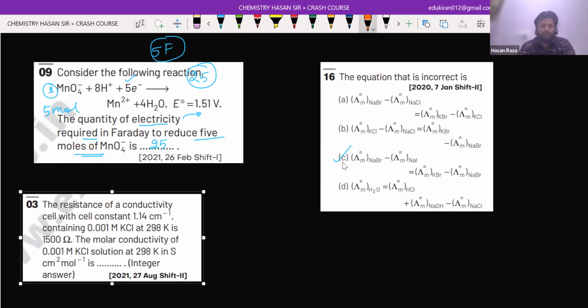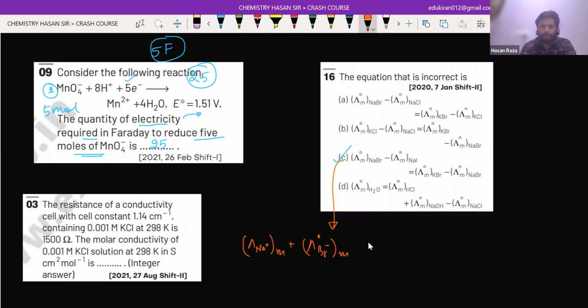So I'm just going to take this. Lambda naught m NaBr can be written as lambda naught m of Na plus, and for Br minus, you are going to write in this way.